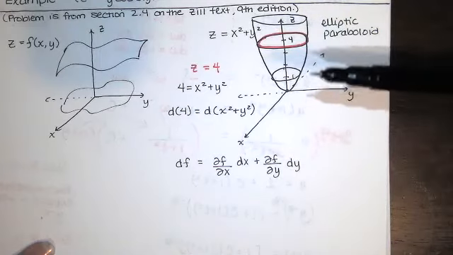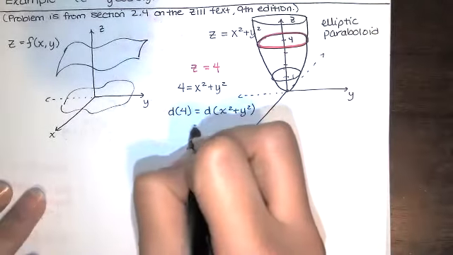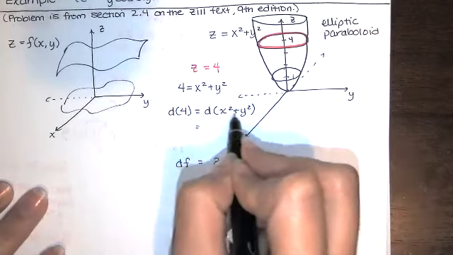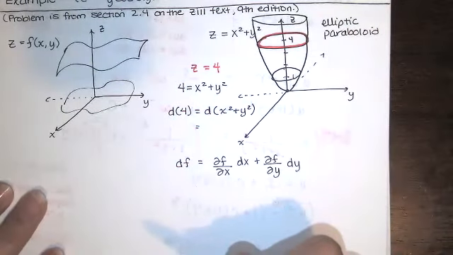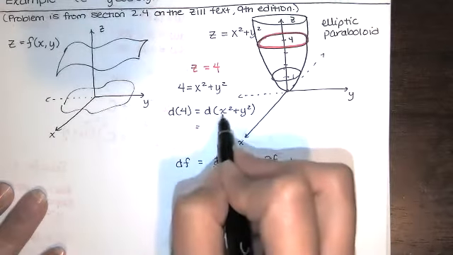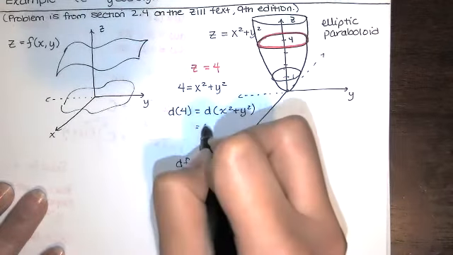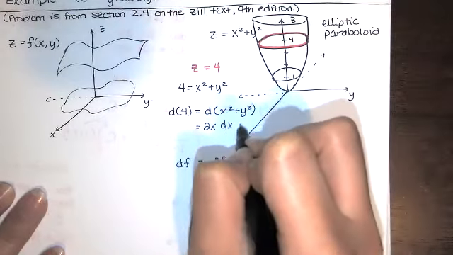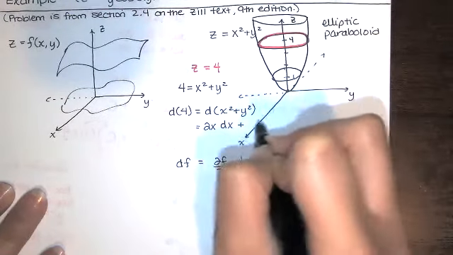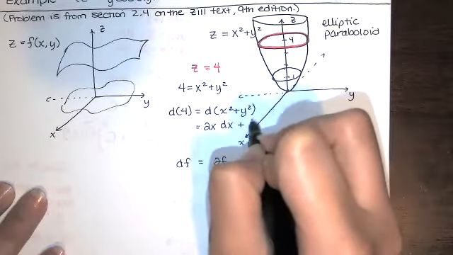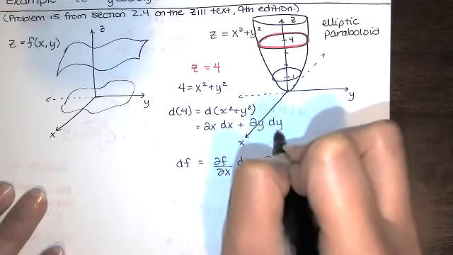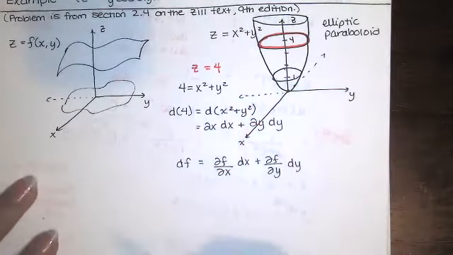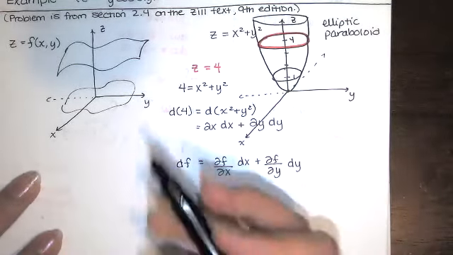So the differential of this expression, x squared plus y squared, according to this, is the derivative of this with respect to x, which is 2x, times dx, plus the derivative of the whole thing with respect to y, which is 2y, times dy. And that's equal to the differential of 4. In general, it's just going to be 0.